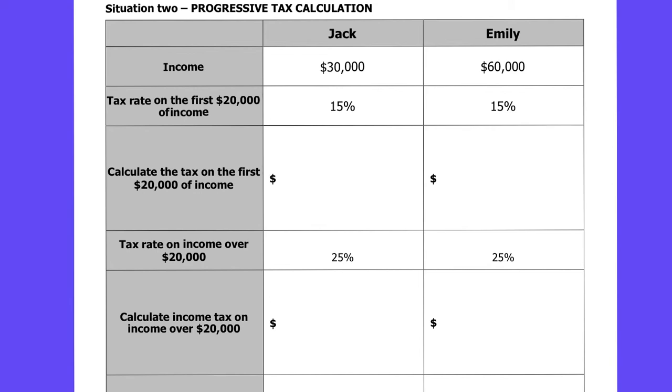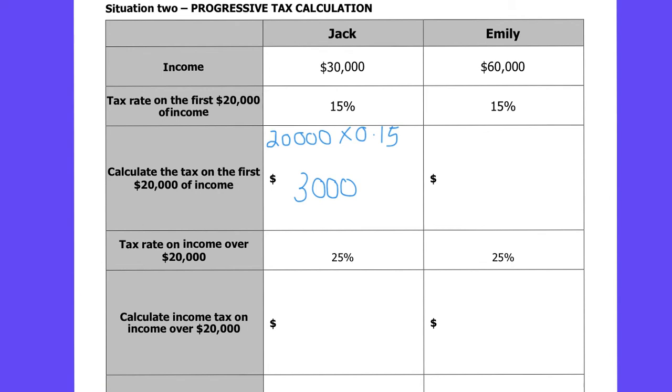We'll now do our calculations here. Because it's just the first 20,000, we're going to have to use that number when calculating this. And that's at a rate of 15%, so decimal 0.15. We're going to get 3,000 when we calculate that.